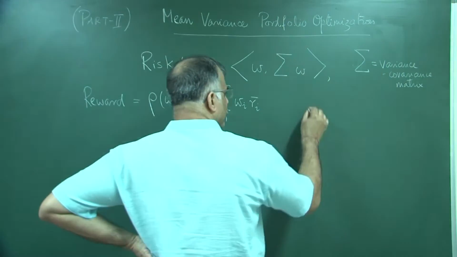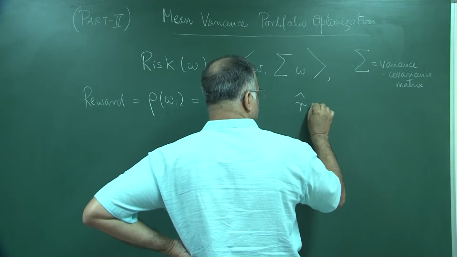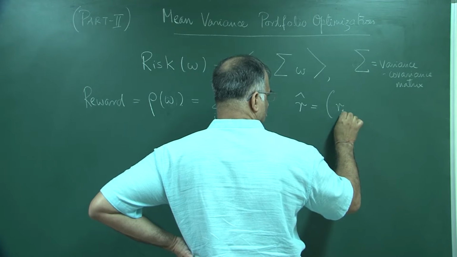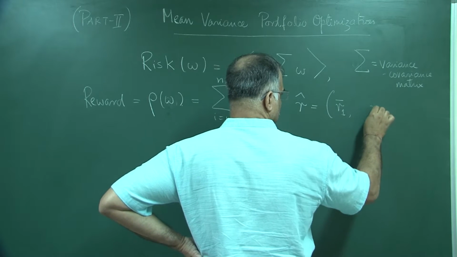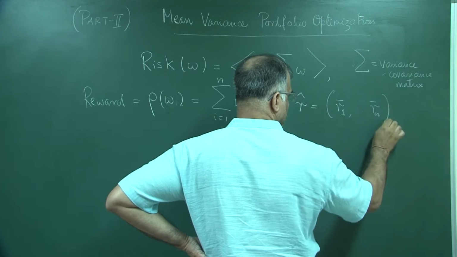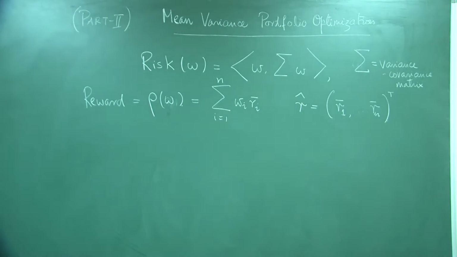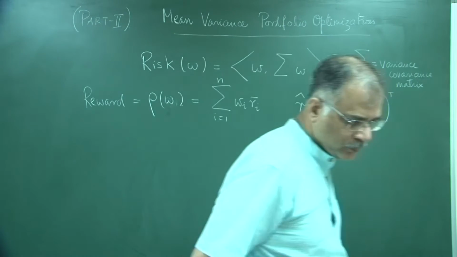So we write R hat, this vector, as R1 bar to Rn bar. Instead of writing a column vector, I am writing it as a transpose. The vector is always meant to be a column vector.